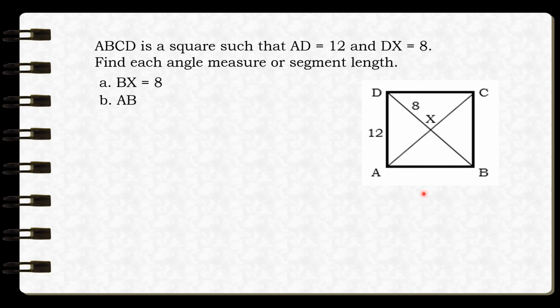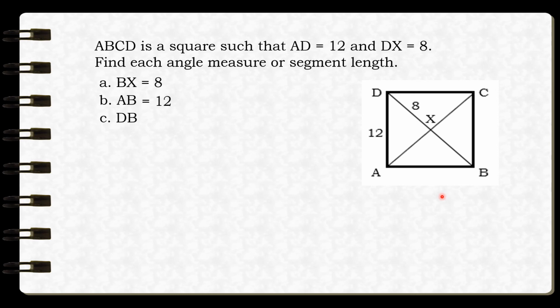And what is the measurement of segment AB? Since this is a square, and the definition of a square is a parallelogram where the four sides are congruent, and segment AD is 12, it is also congruent to segment AB. So segment AB is equal to 12.